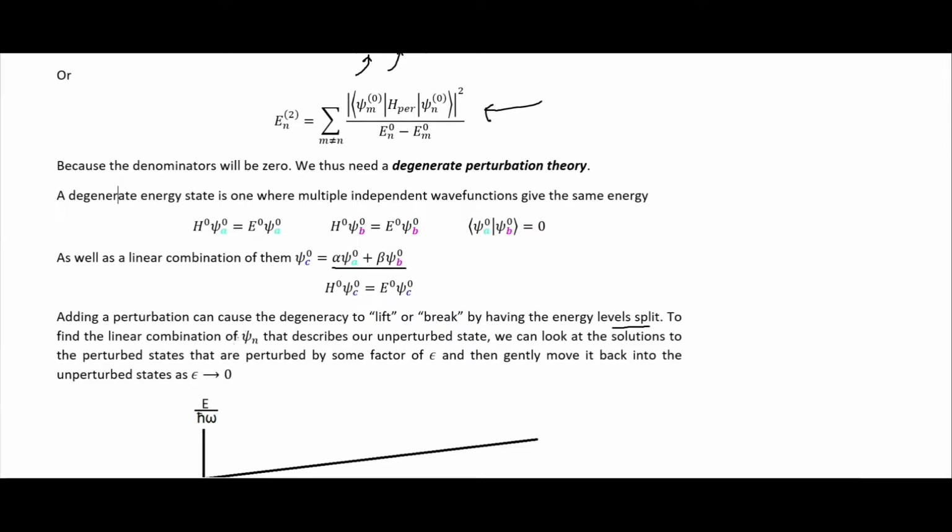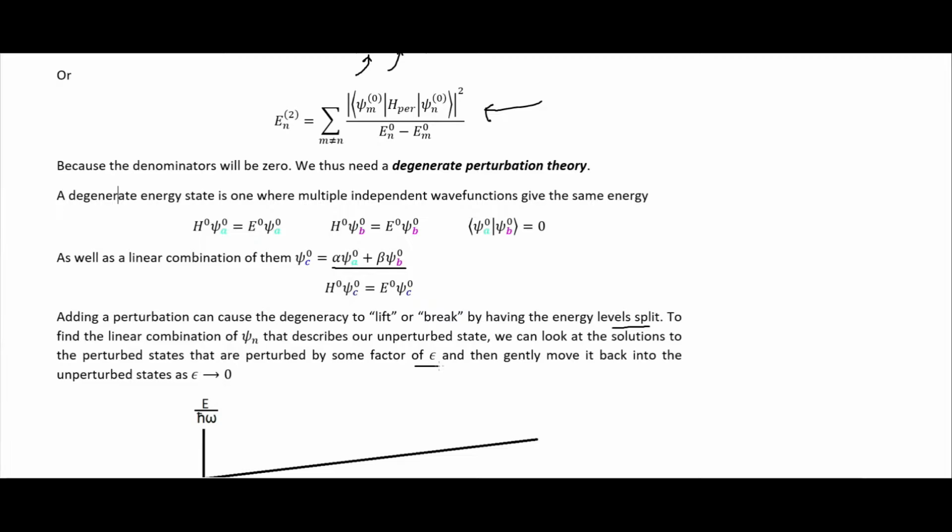To find a linear combination that describes our unperturbed state, we can look at two solutions at the perturbed states that are perturbed by some factor of epsilon. You'll probably notice right away that this is just an exercise in looking at what happens with perturbation and the lifting of degeneracy, because if we knew the solutions for the degenerate states, we wouldn't need this perturbation theory.